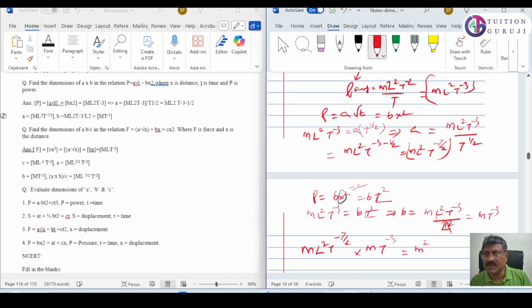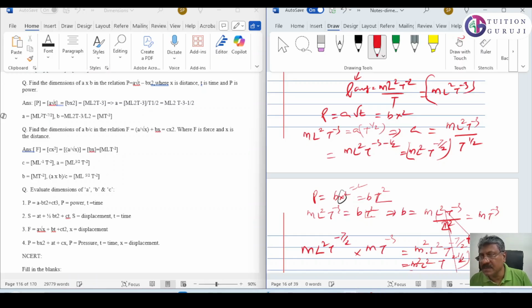Okay, therefore it is m square L square T to the power minus 7 by 2 into minus 3. Sorry, it's not that, it's minus 7 by 2 plus minus 3.